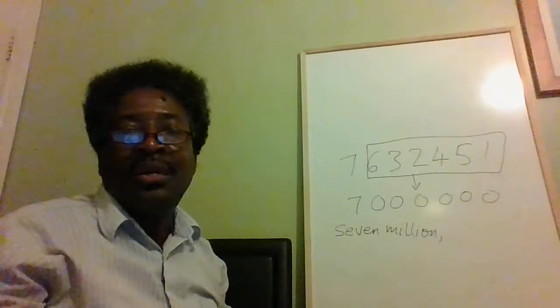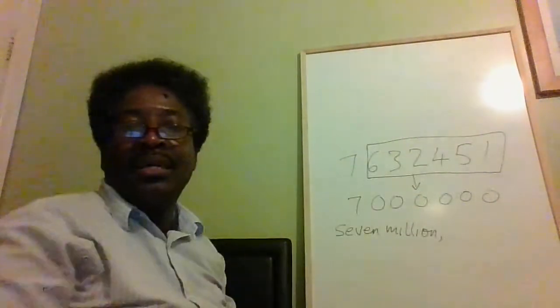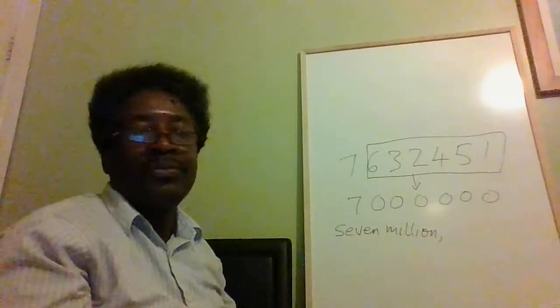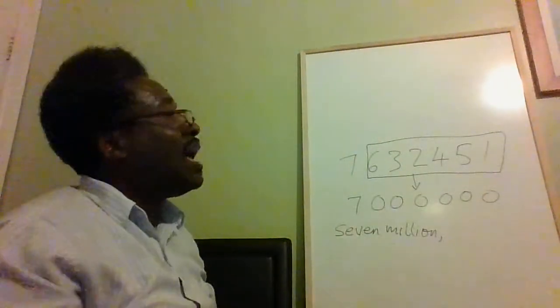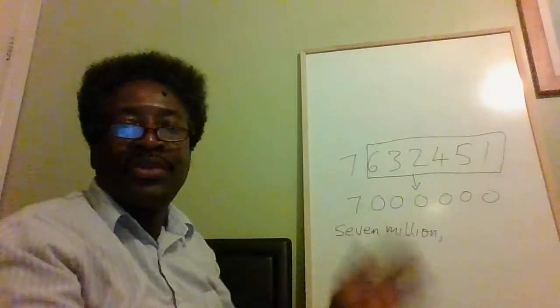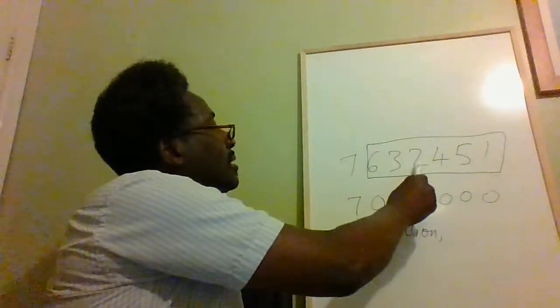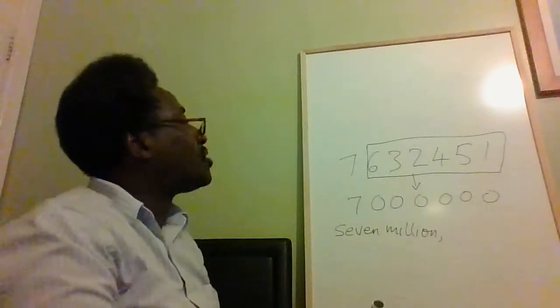Follow the same principle in writing this 6-digit number left behind, write it in words. So 7 million, and then write that in words. And remember, 6-digit number, 50-50 split. First 3 digits, keep it. Last 3 digits, make them zeros.